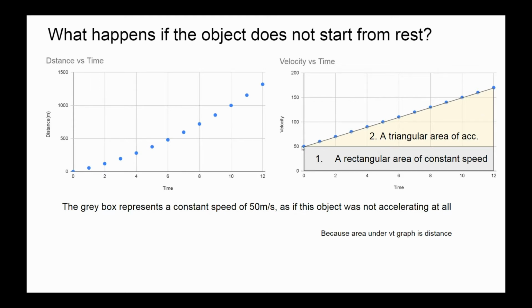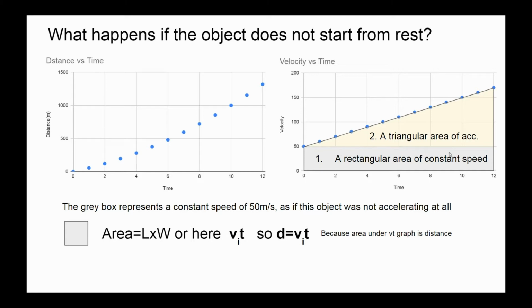The gray box would be the area as if this thing stayed at 50 meters a second for the entire run. The triangle is the area of extra distance covered. Remember, we're talking about the total area under there because you're accelerating. So you can easily get the area of this shape. The area of the rectangle is length times width, which is initial speed here times time.